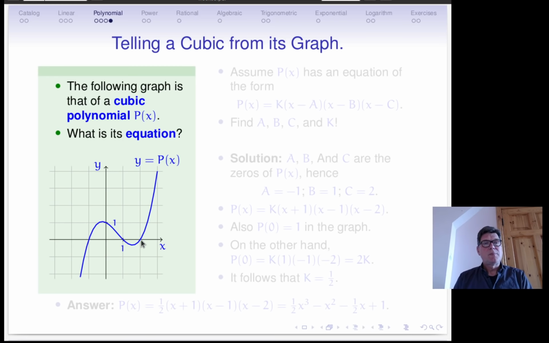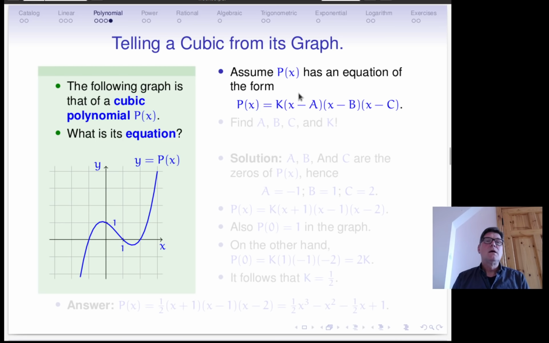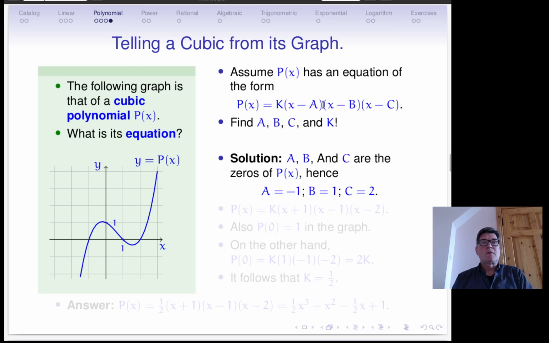And similar to what we did in the quadratic case, if we assume that this cubic function p of x has this factorized form, k times x minus a, x minus b, x minus c, then all we need to do is find the a, b, c, and k. And these values a, b, and c are the zeros of the polynomial.